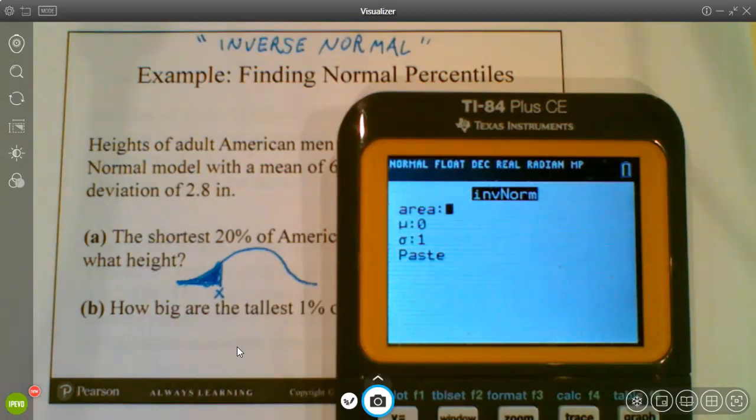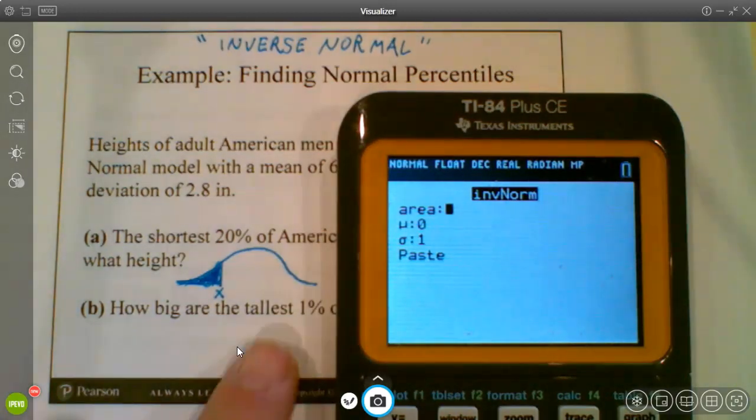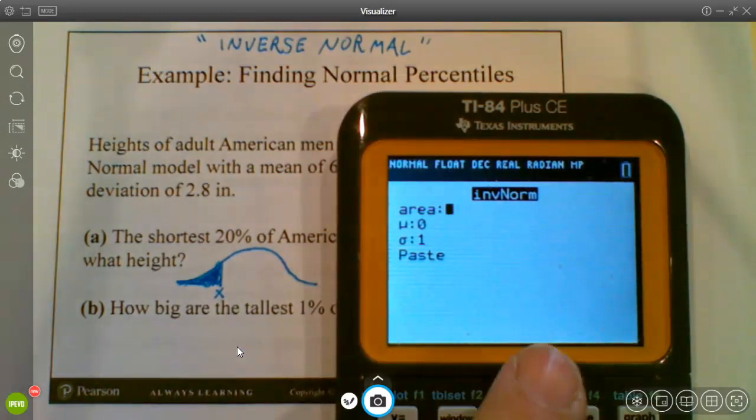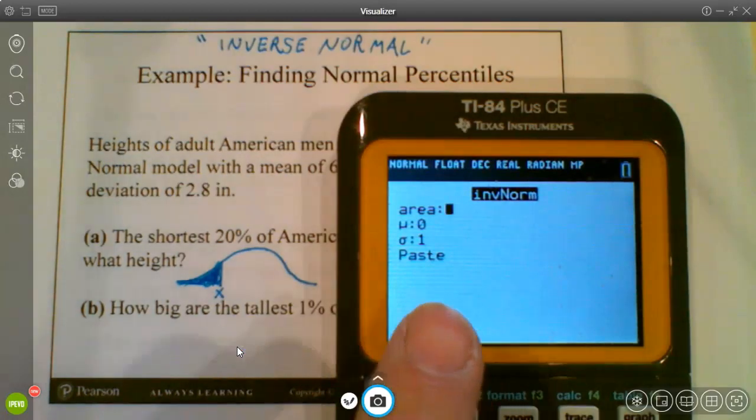Keep in mind, guys, that when this calculator just says area, it will automatically use the area to the left of x. So if they ever give me an area to the right, which is what we're going to deal with here in just a minute, I'm going to need to subtract that from 100% in order to put that into my calculator.